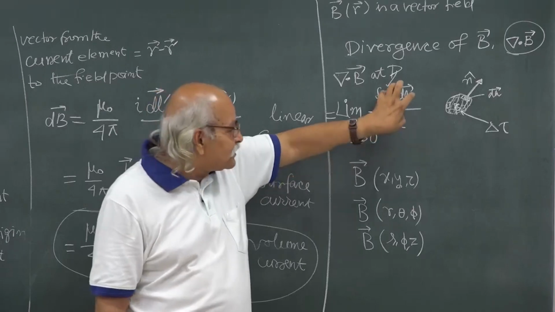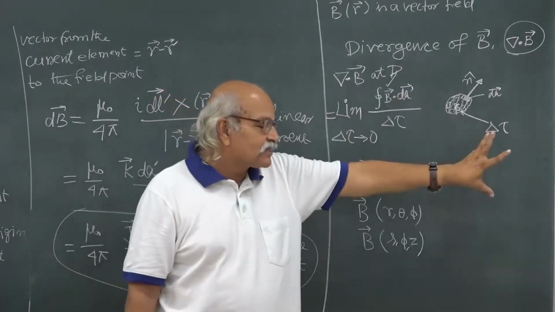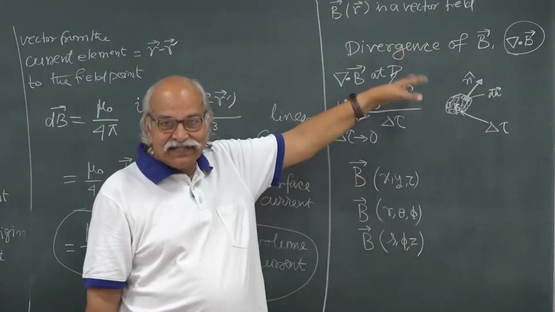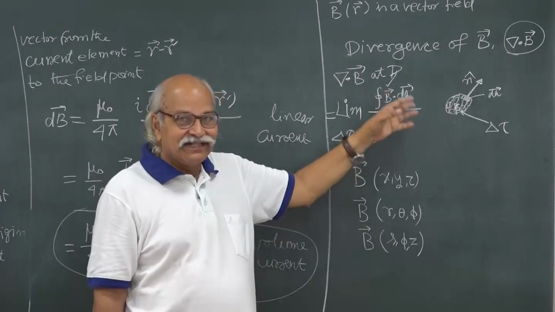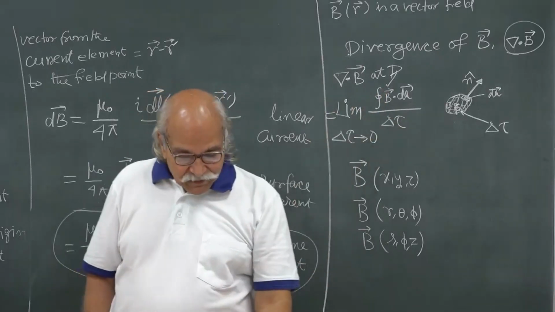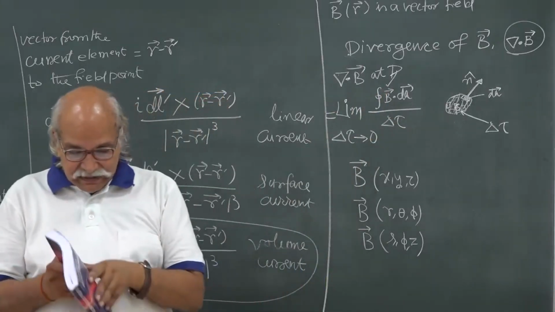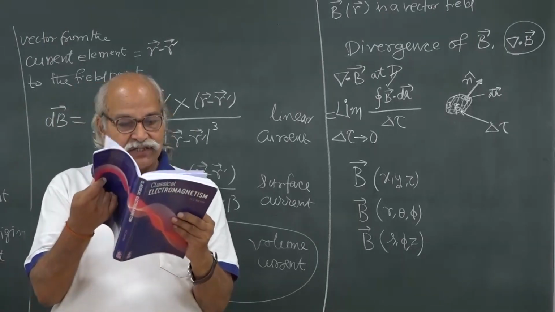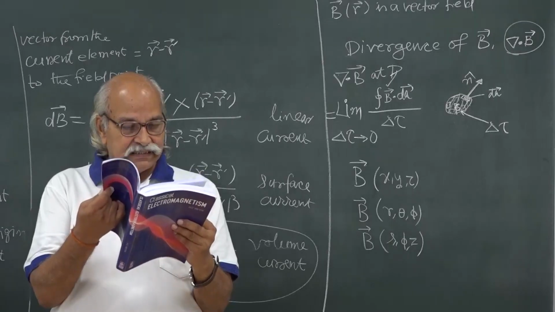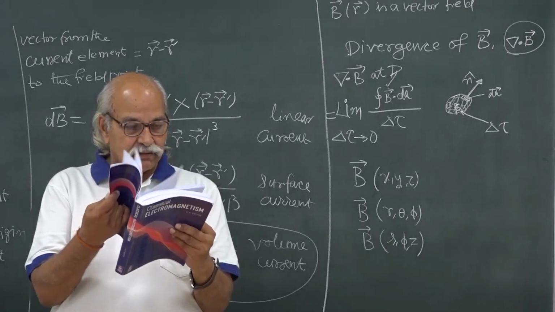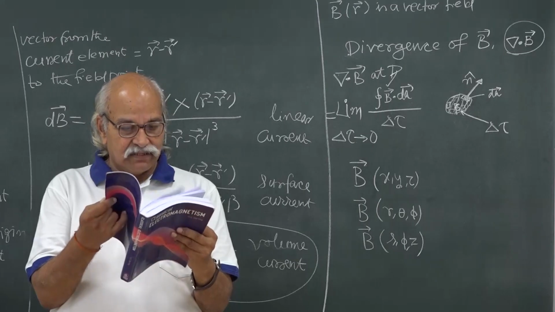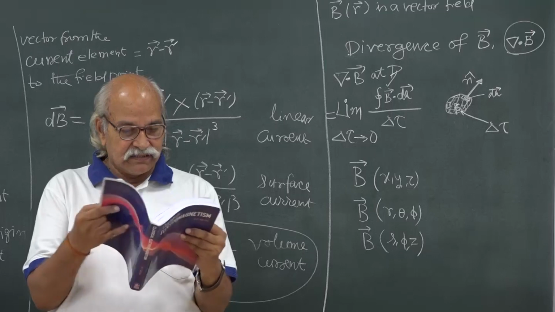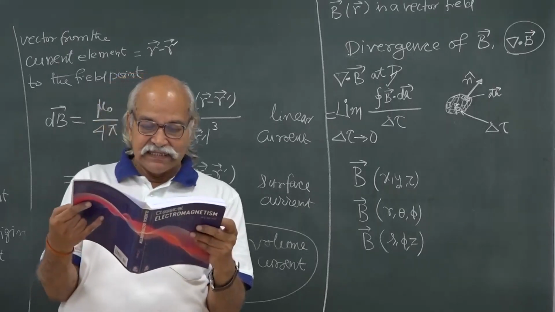From this definition we can write expressions which are easier to handle, not going into this much geometry and algebra and limit and calculus. And what is that? That is given in the book that we are using, in the appendix, the fourth appendix: divergence, gradient and curl.